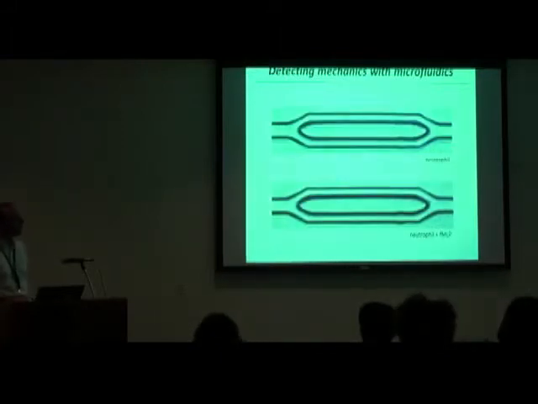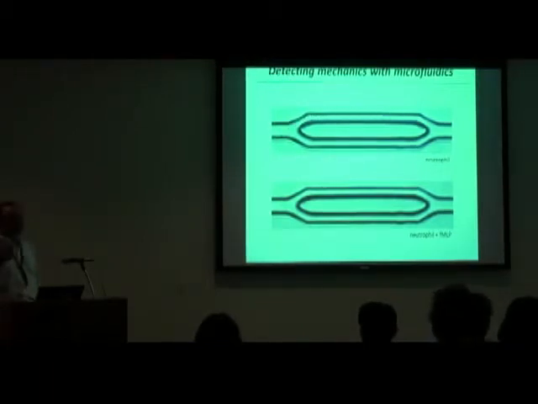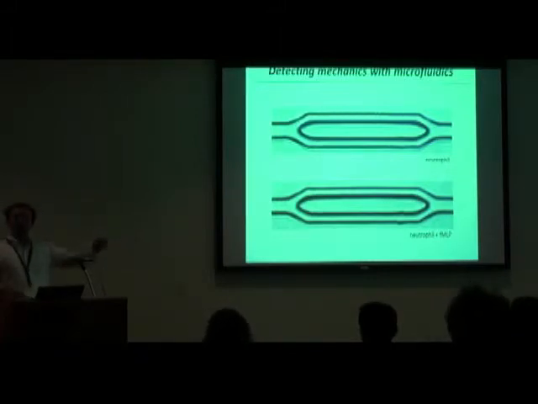So as an example, if we took a normal neutrophil and we pass it through one of these chambers, that's the same neutrophil going through, not different neutrophils. You can see that it moves relatively quickly. Now compare that to a neutrophil that's been activated.